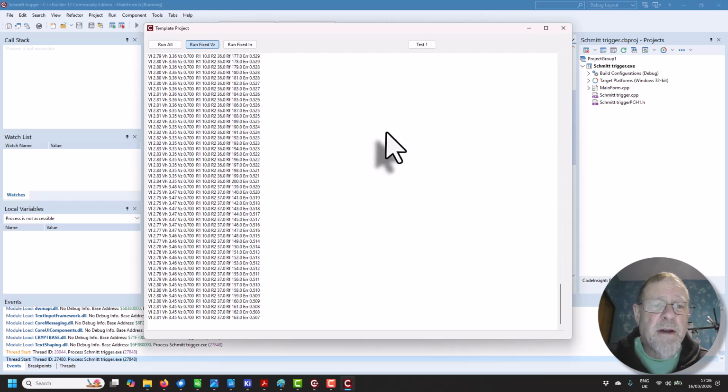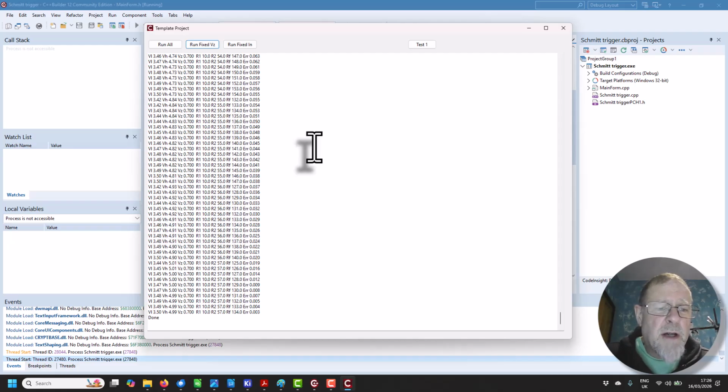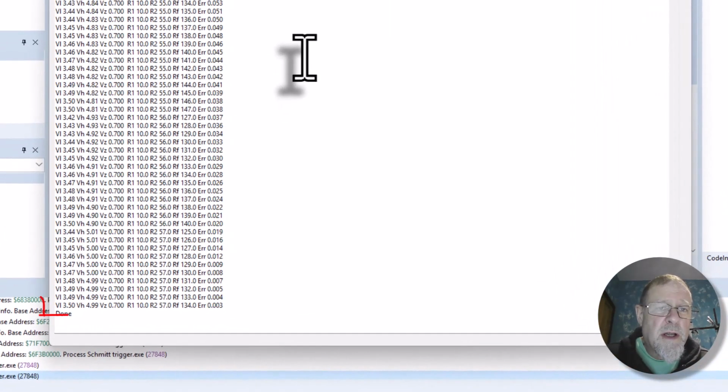It does it the Triplicate mathematics way of just ramming tons of values in and finding the best. So if we look down here, our low threshold we put at 3.5, our high threshold we put at 4.99. We put the V Zener, or the reference voltage, in at 0.7, the middle of the range we got.